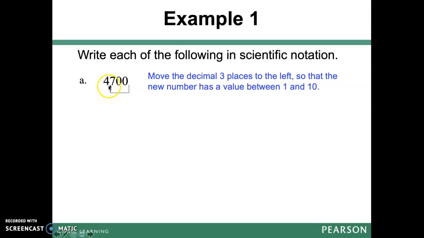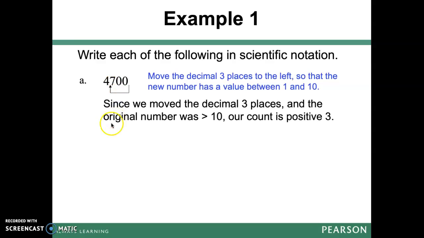Well, I'm going to place it here between the 4 and the 7. And now you just count how far you moved it. I moved it 3 places. So this becomes 4.7 times 10 to the positive 3 power. Positive because it's a large number, 3 because I moved the decimal point from here. 1, 2, 3.